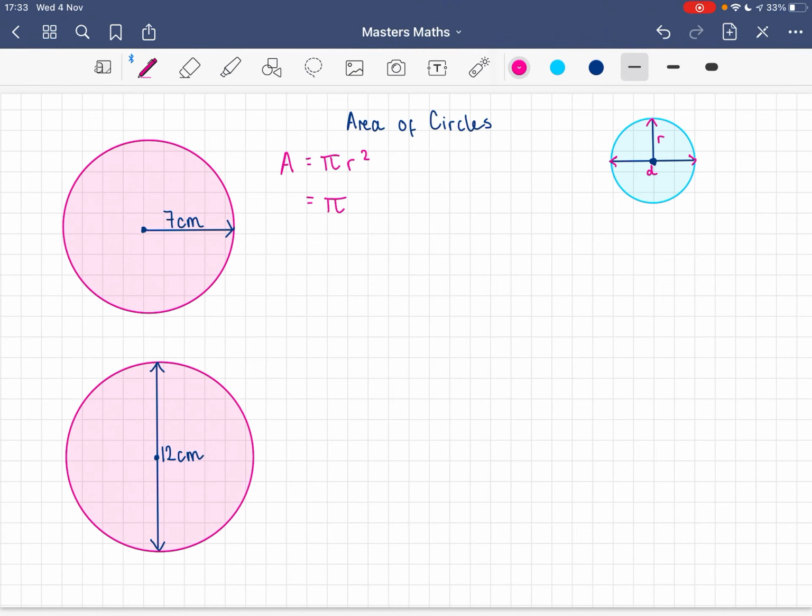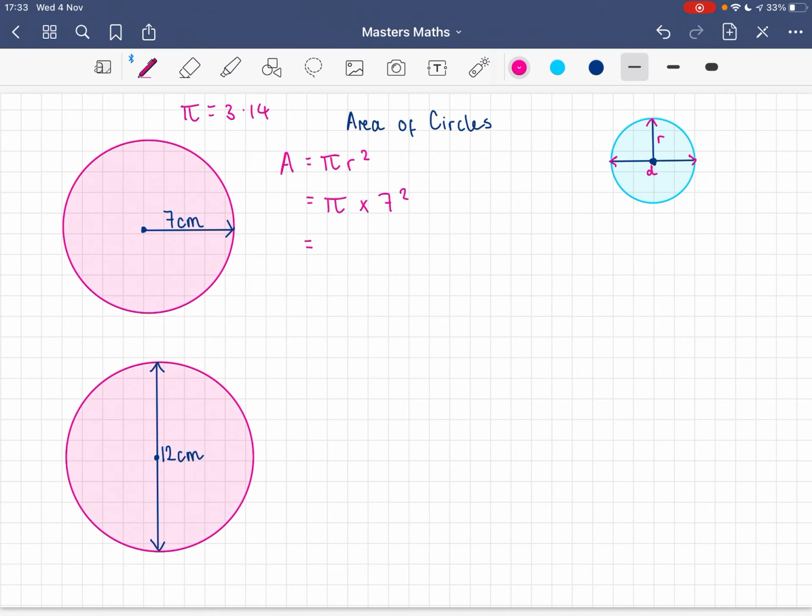Or if you don't have a scientific calculator, you can use pi is equal to around 3.14 if you round it to 2 decimal places. We're going to use pi exactly. We're going to say pi multiplied by the radius squared, so multiplied by 7 squared.